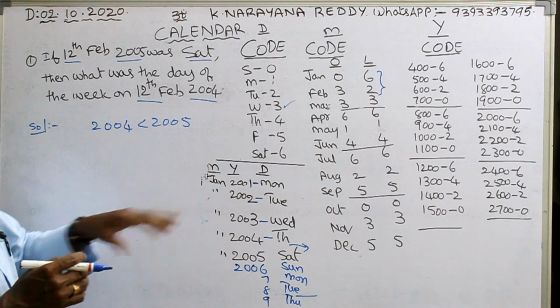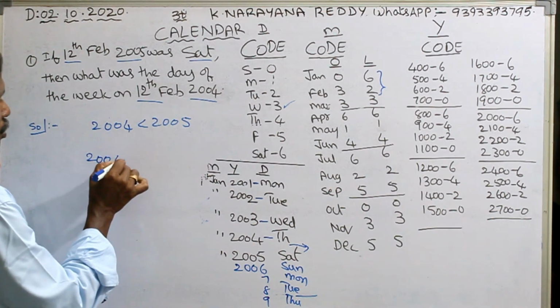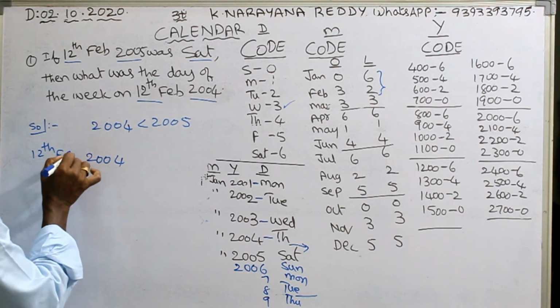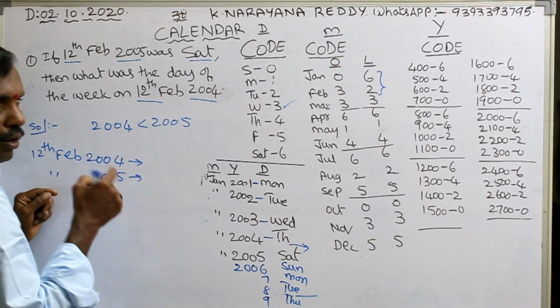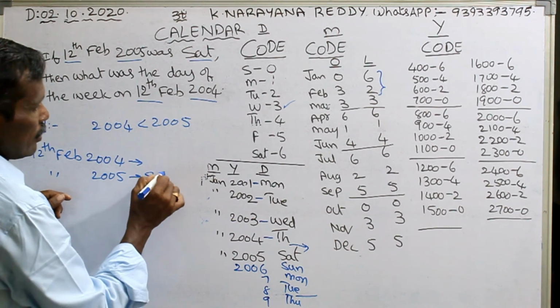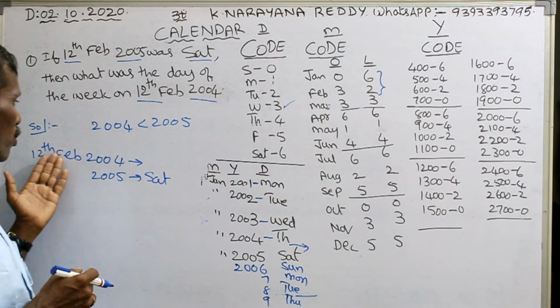But our consideration, 2004 12th Feb, same as 2005. Our consideration, 2005 as given is Saturday. What was the day on 2004 12th Feb?